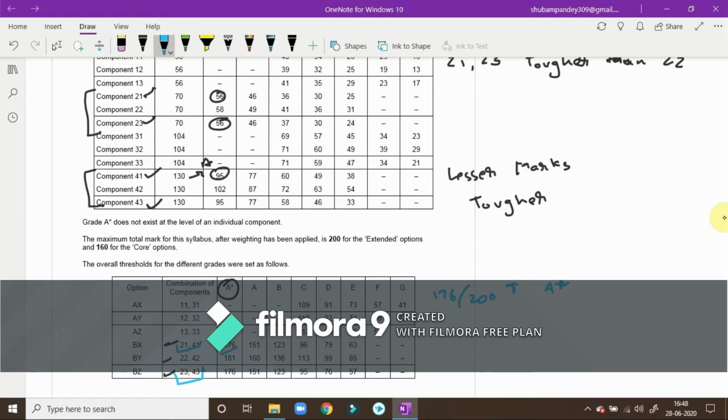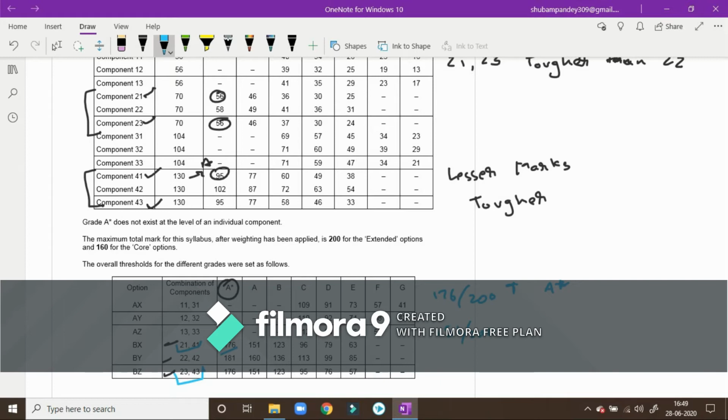And for 22 and 42, he needs 181 marks out of 200. So here you can see that when you are scoring fewer marks in options BX and BZ, you are still getting an A star for 176. This clearly tells us that if you want a tough paper, you can solve 21 and 41 or 23 and 43.